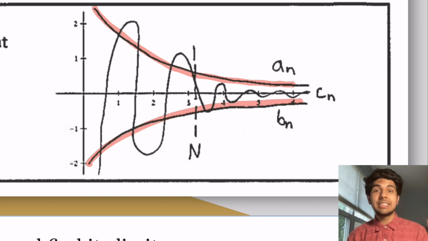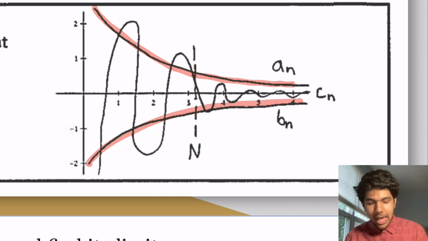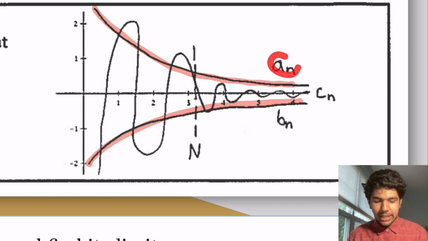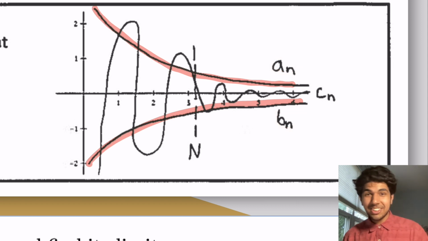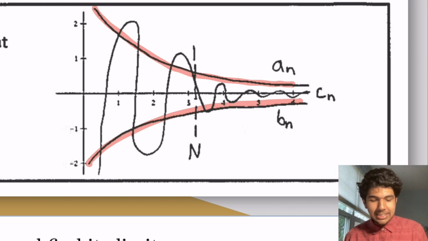But now we have this mysterious third sequence, c sub n. And we say, hey, when we reach this point here, capital N, every other term afterwards for c sub n falls in between a sub n and b sub n for that value of n. If that occurs for every n greater than this capital N, then c sub n is squeezed in between a sub n and b sub n for eternity after this point.